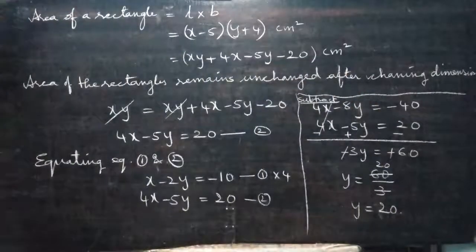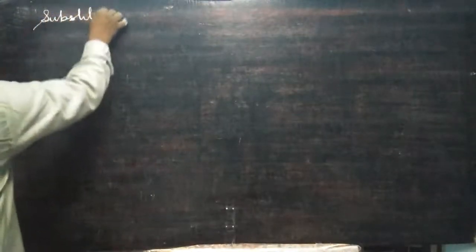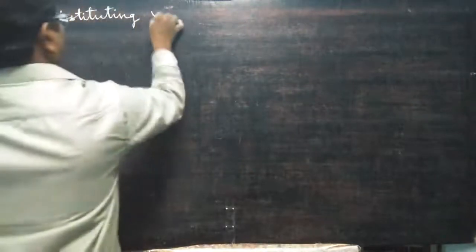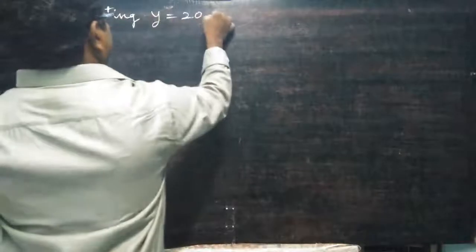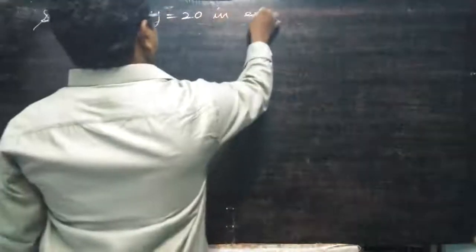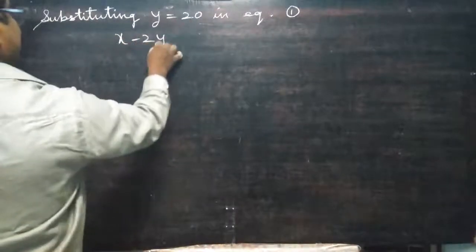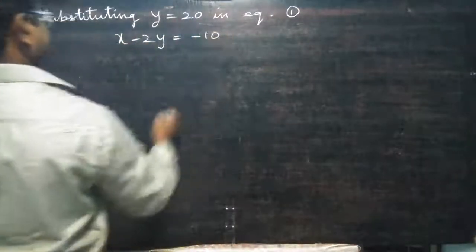Now substitute in any one equation, either 1 or 2. Now substituting y is equal to 20 in equation 1. X minus 2y is equal to minus 10.